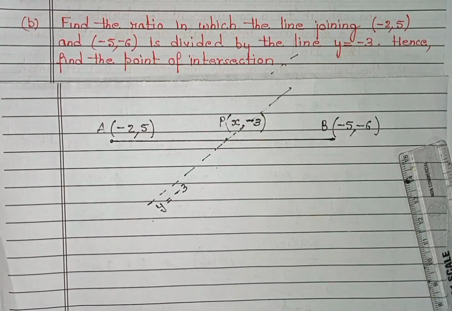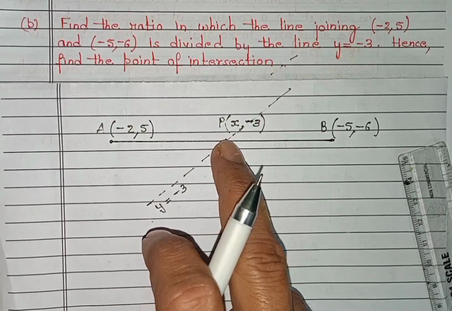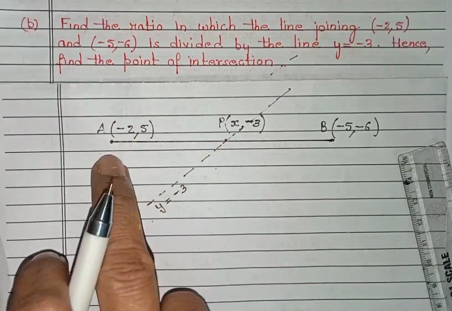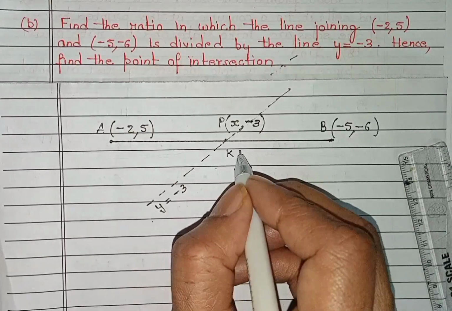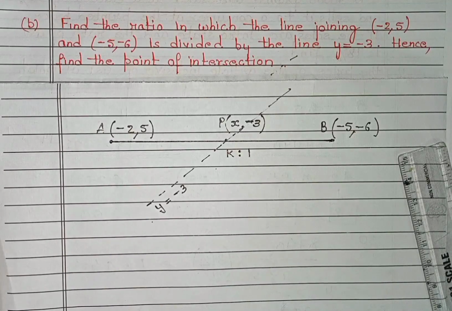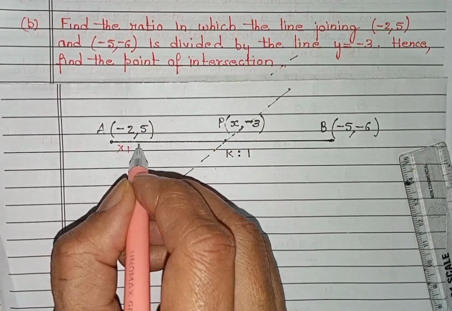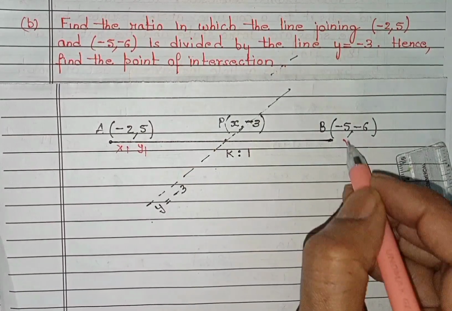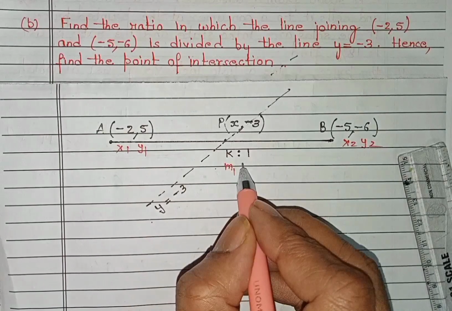Now we have to find first of all the ratio in which this point P is dividing AB. So let the ratio be considered as k:1. Now to find this ratio, we will name this side x1 y1, this side will be named as x2 y2, the ratio will be named as m1 m2.